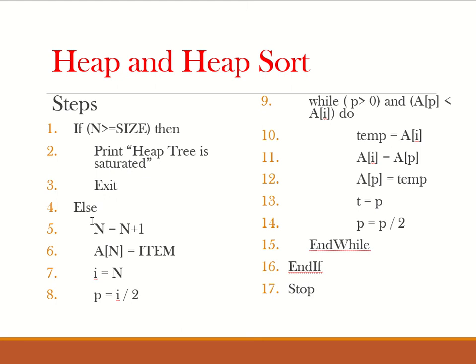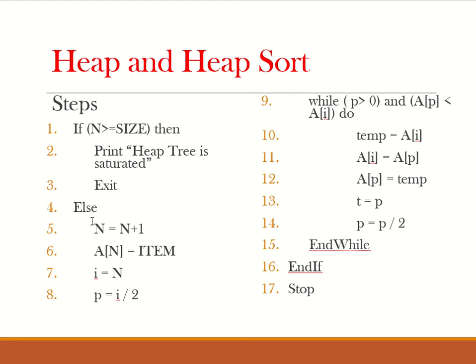This is because the array index starts from 1. You had 5 elements, the array had a size of 10, and positions 6, 7, 8, 9 and 10 are vacant. Now you insert the 6th element. n is currently 5, you upgrade n to 6, then at the position a of 6 you insert the new element.